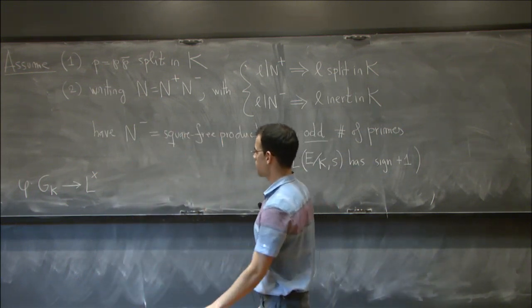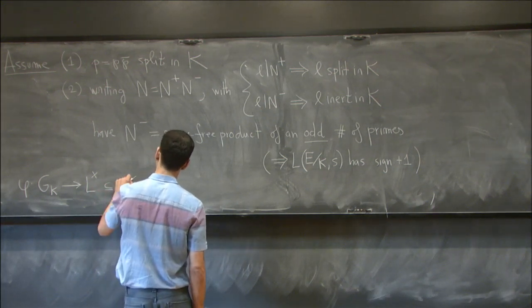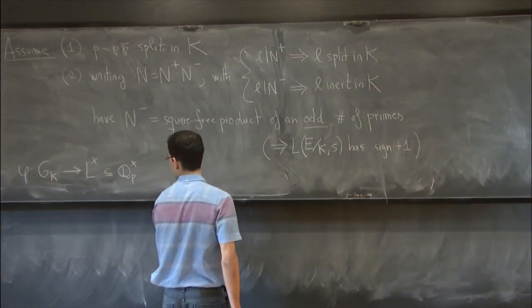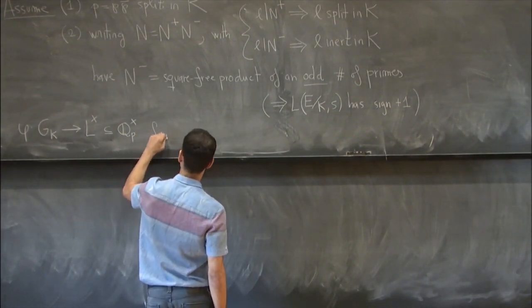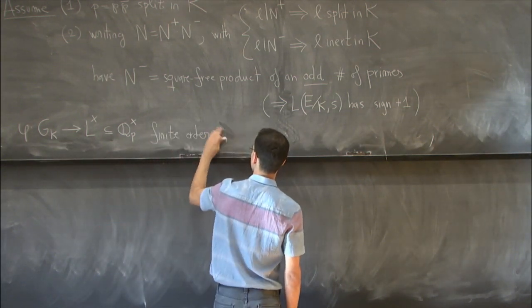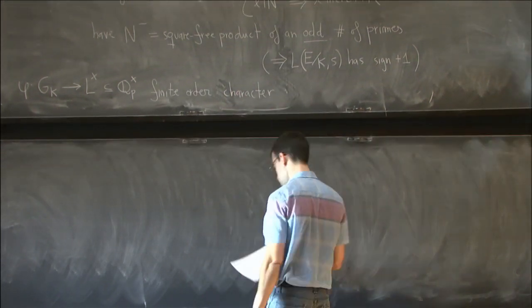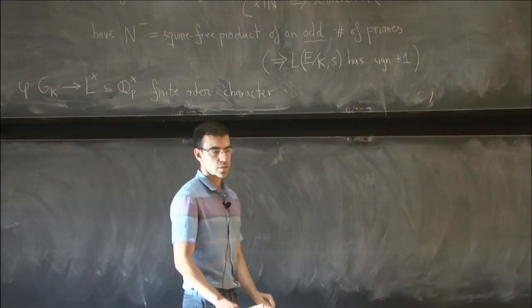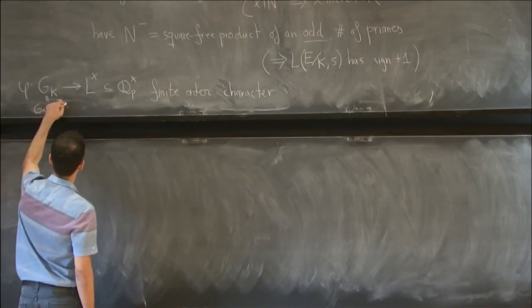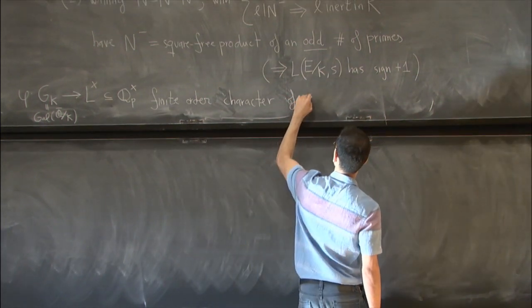I'll be fixing throughout embeddings from Q bar into Q_p bar and C, and for simplicity I'll assume that the values of phi embed into Q_p.